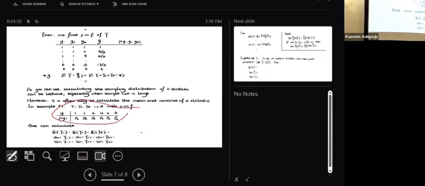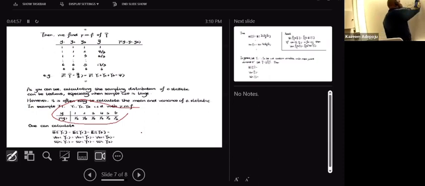If I understand the standard deviation of y, can I also understand the standard deviation of y bar? But let me tell you this: the expected values are going to be equal. Now, if the variance of y is sigma squared, the variance of y bar will be sigma squared over n.